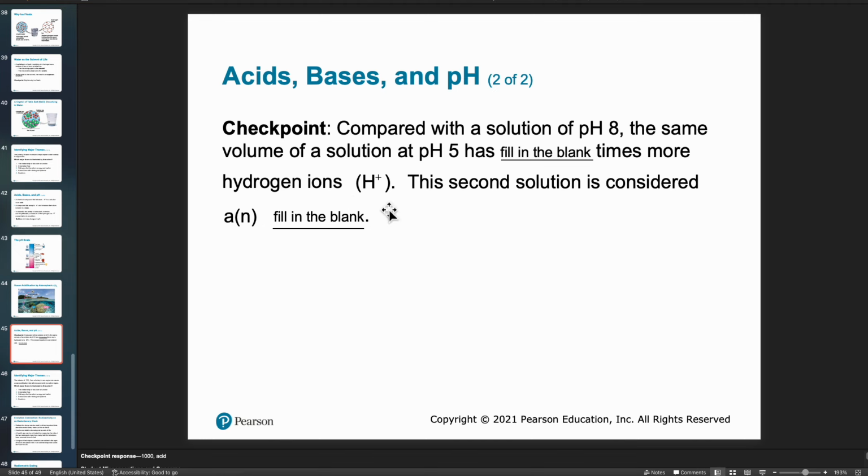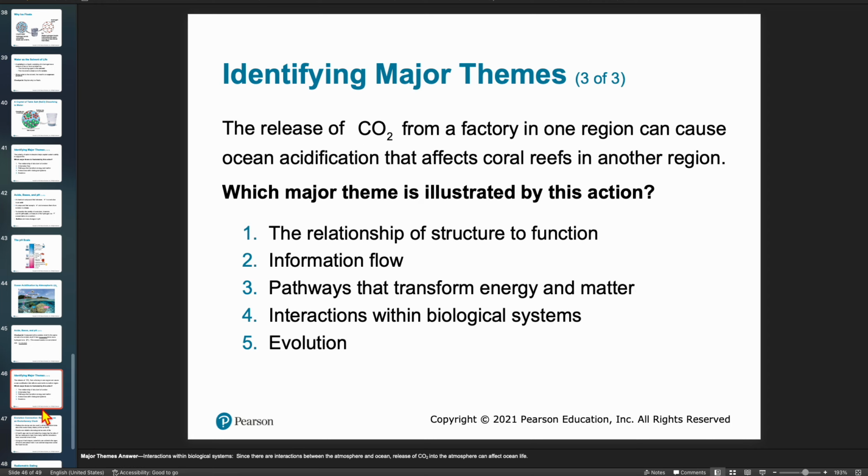So you can see now it's 1,000 more hydrogen ions, which means it's going to be very acidic. Going from 8 to 5, the second solution is going to be quite acidic. The first one was basic at pH 8, and now we're going to pH 5. So we're now 1,000 times more acidic. And that's why I asked such a question earlier. Again, a repeat of the theme.